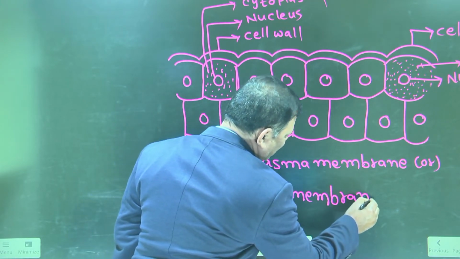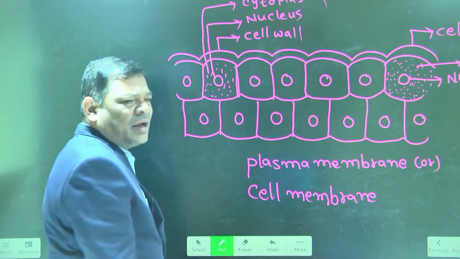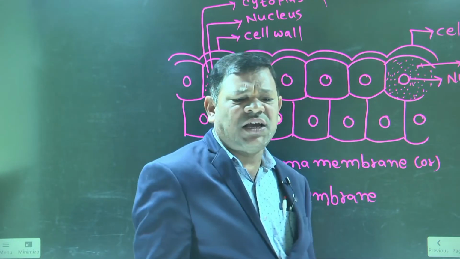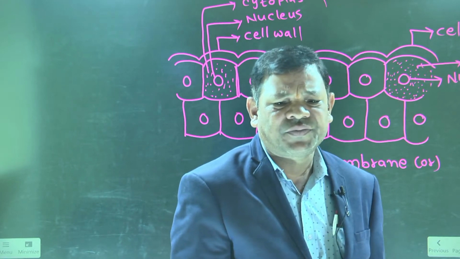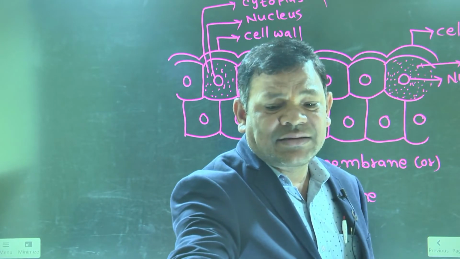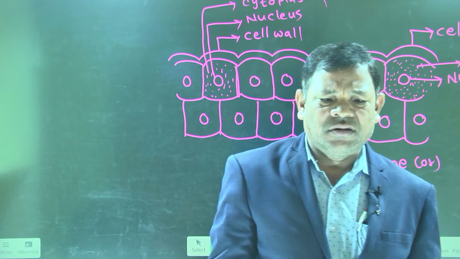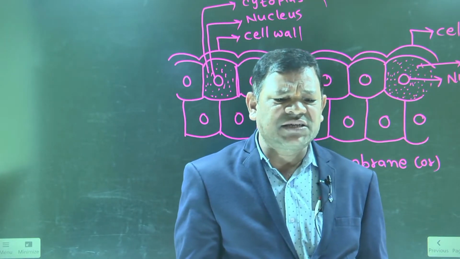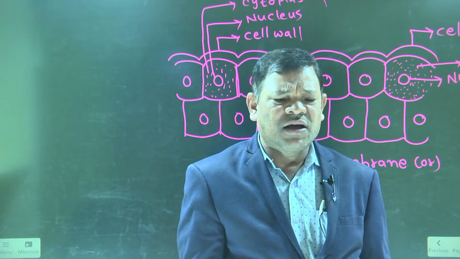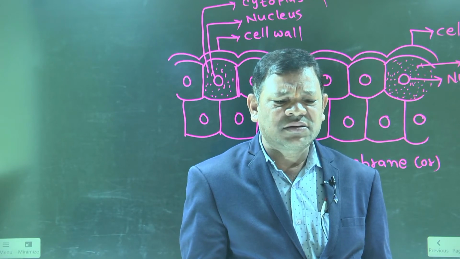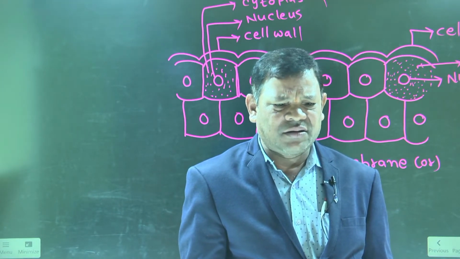In the plant cell, the outermost layer is the cell wall. In the animal cell, the outermost layer is the plasma membrane or cell membrane.